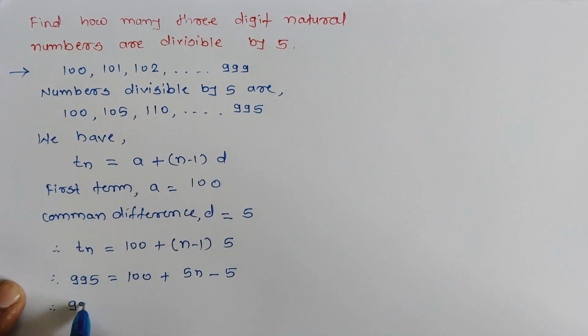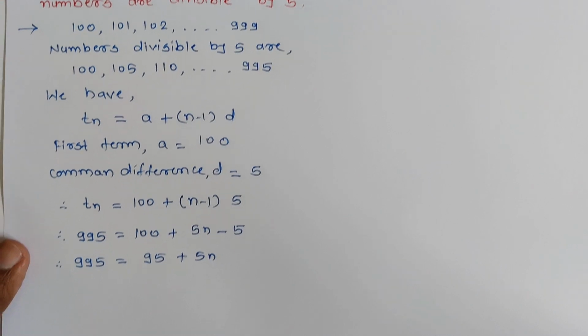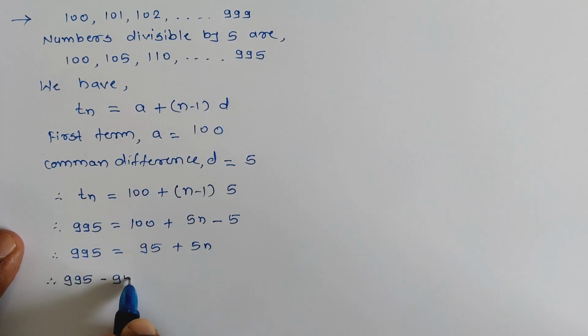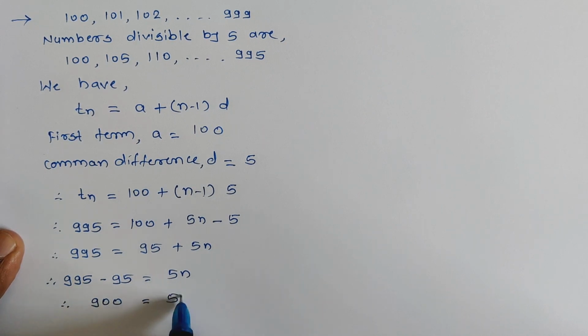So 995 is equal to 100 minus 5, we'll get 95 plus 5n. Now if you transfer 95 to the left hand side, we will get 995 minus 95 is equal to 5n. So that is 900 is equal to 5n.